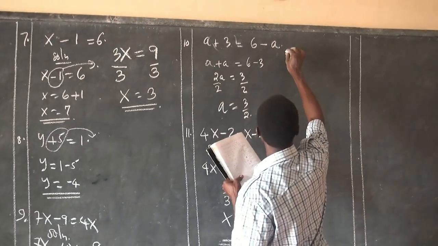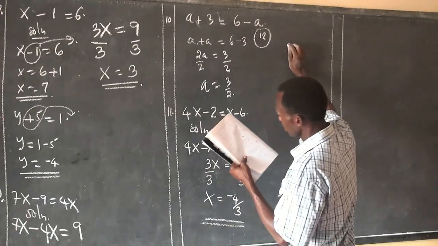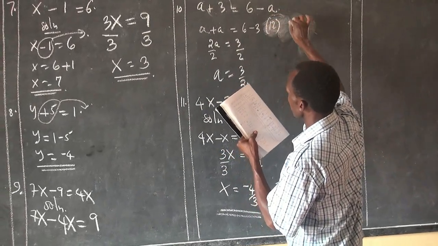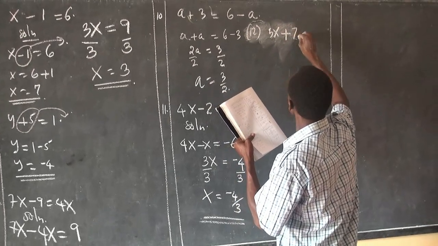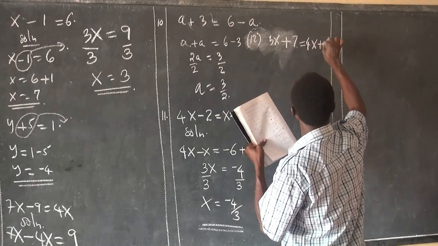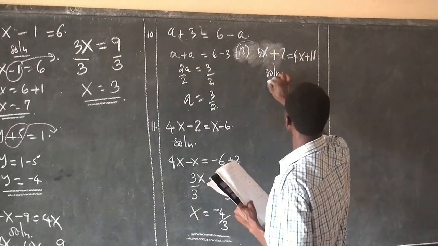Example number 12. 5x plus 7 is equal to 4x plus 11. Now, the same concept that we should use.